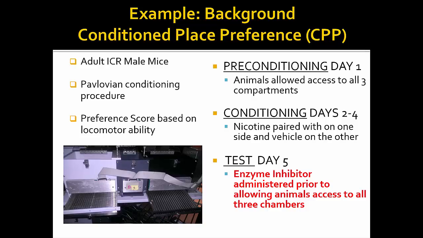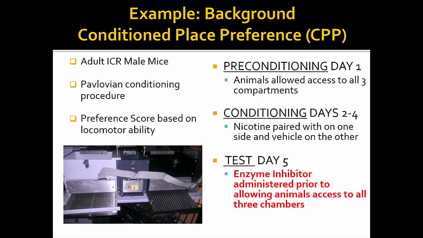And then, I made an example of what happened to me as a graduate student. Basically I did this conditioned place preference paradigm, and it's locomotor based, so they have to be able to move from one box to another. I did nicotine, so nicotine injections were paired with this white box, and then the vehicle was paired with this black box.